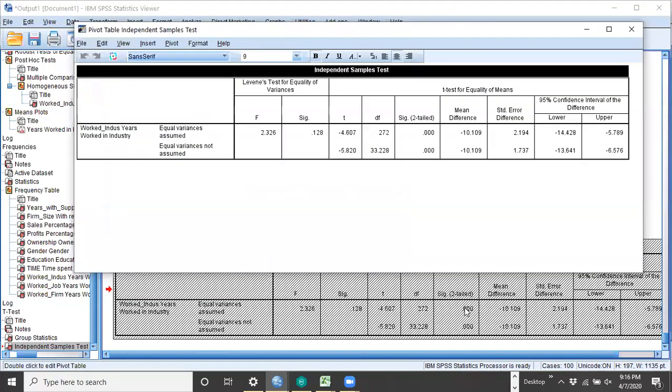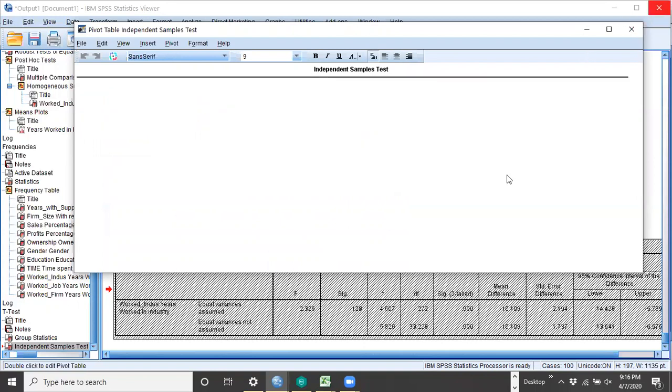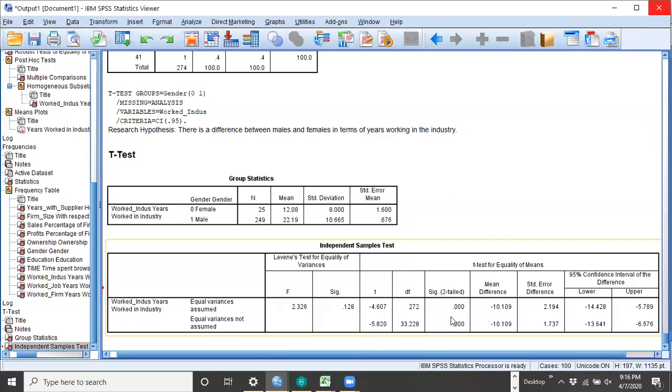It's 0.000006, so it's less than 0.01. You can just round it up, way up, to 0.01.